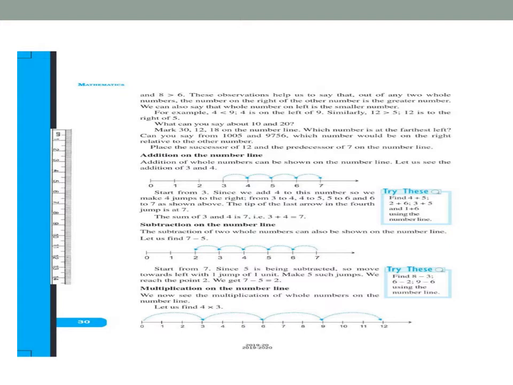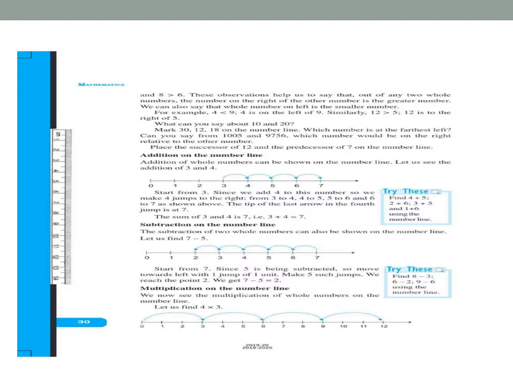So from this you can say that 1005 is to the left of 9756. So exactly, 9756 is greater than 1005. Not only the smaller numbers, now you have to try with the bigger numbers also, because you are in 6th standard. So you have a lot of knowledge about numbers.